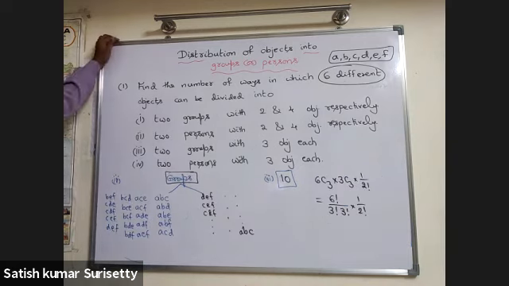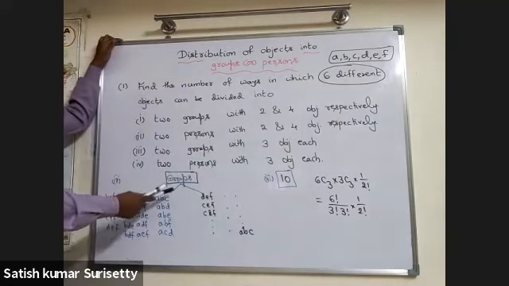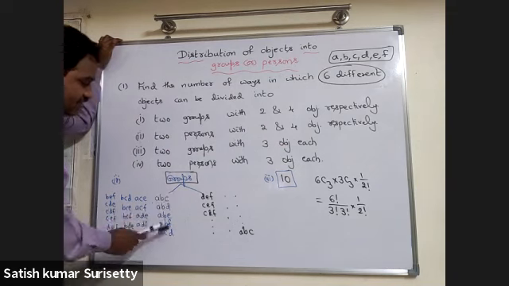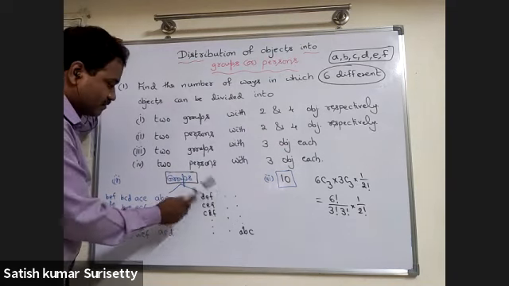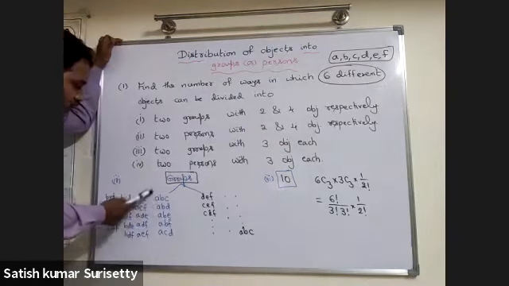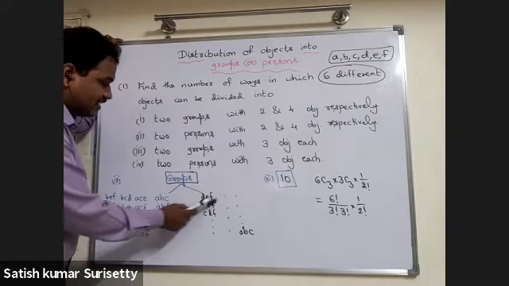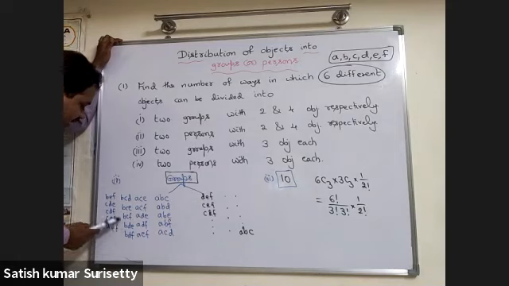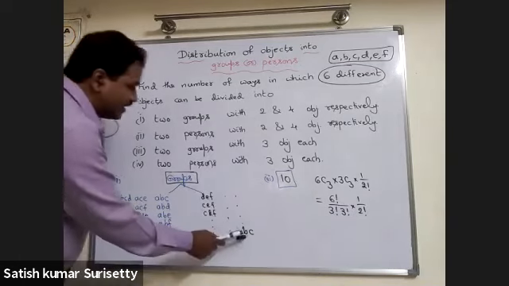So in the case of the third problem, division of 6 different objects into 2 groups with 3 objects each. If I take the first group as ABC, then the second group will be DEF. Also, when DEF is in one group, ABC will be in the other.